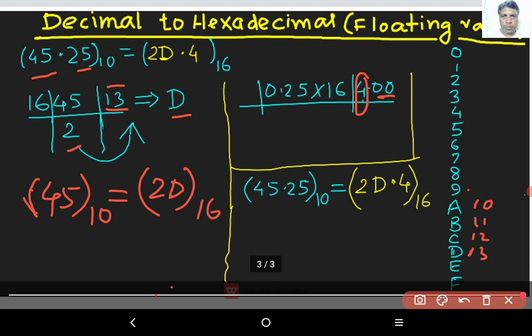Now adding both parts, the hexadecimal form of 45 is 2D and of 0.25 is 0.4. So 45.25 in decimal becomes 2D.4 in hexadecimal.